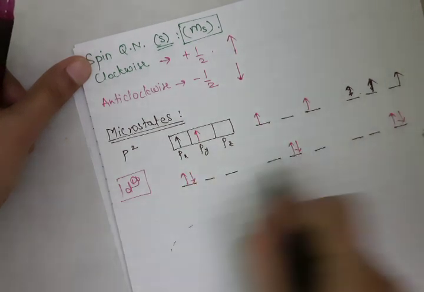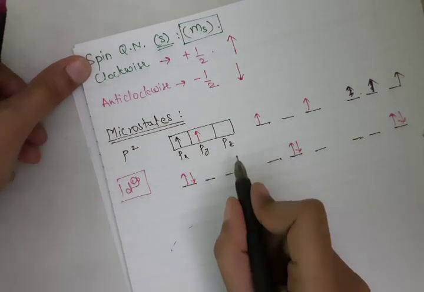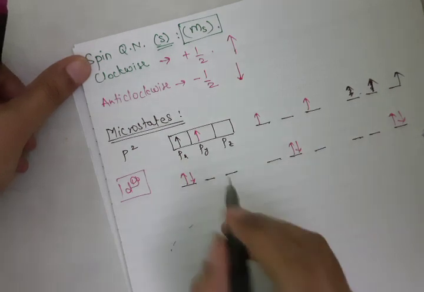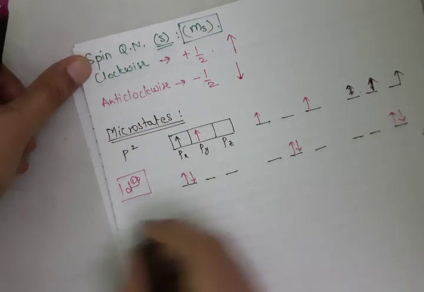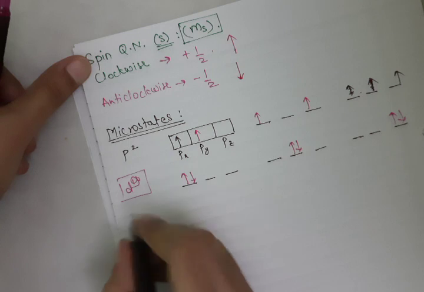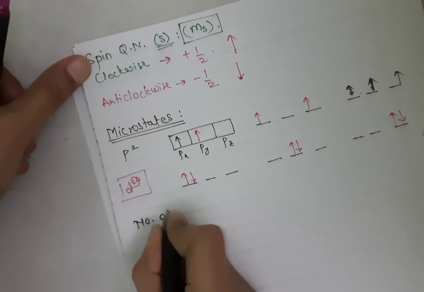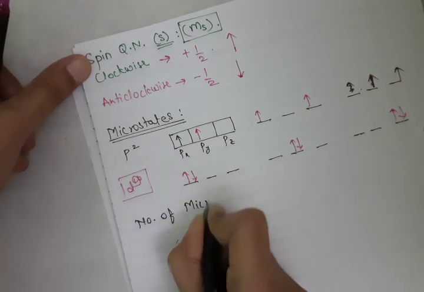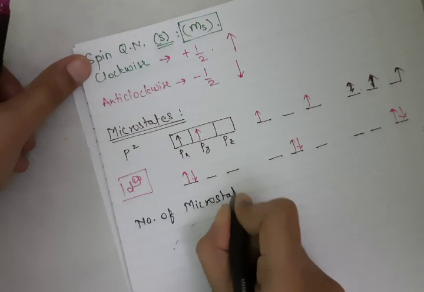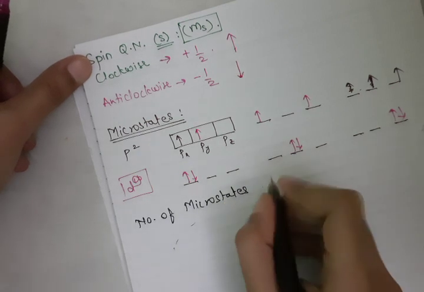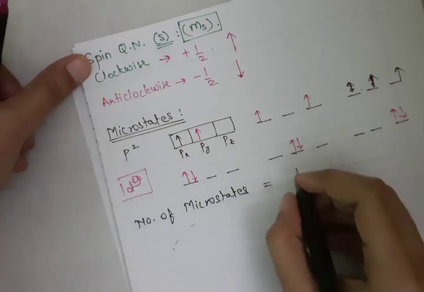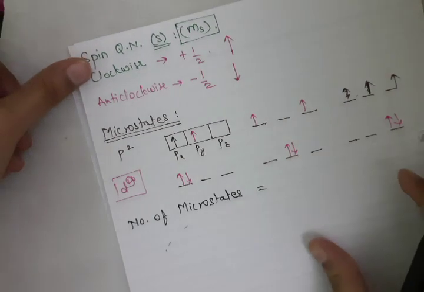These are the number of ways in which the electrons are placed into the orbitals. So let's directly write the formula for the number of microstates. Those who are not from a mathematical background will find this formula very new, but it's very easy.